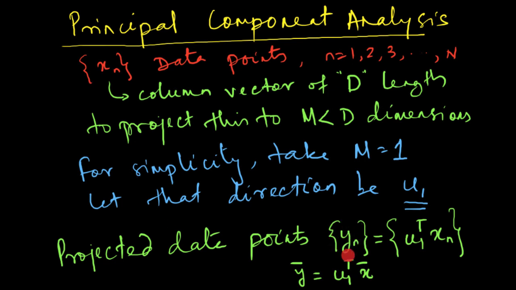Now since our projected data points yn are just scalars, we can find the variance using our standard formula.